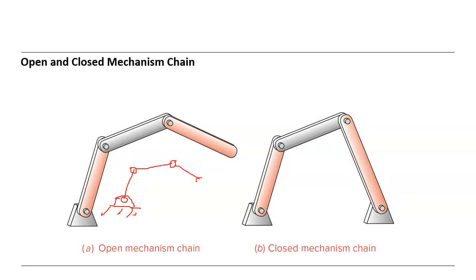So it is an open kinematic chain. And this one is closed because all of them are fixed. Let's draw here the same as a kinematic chain like this.